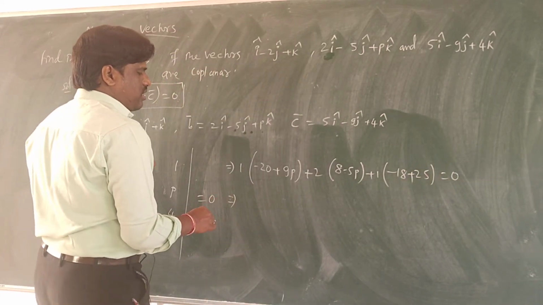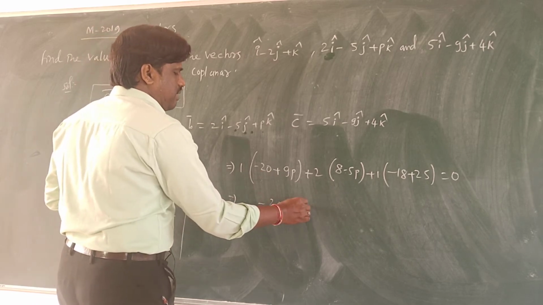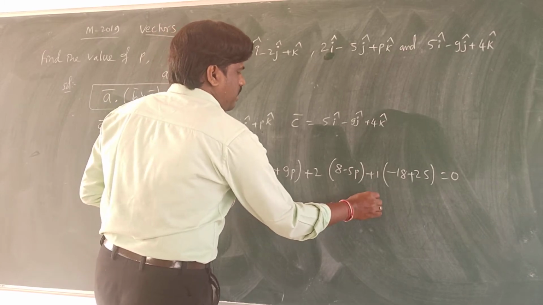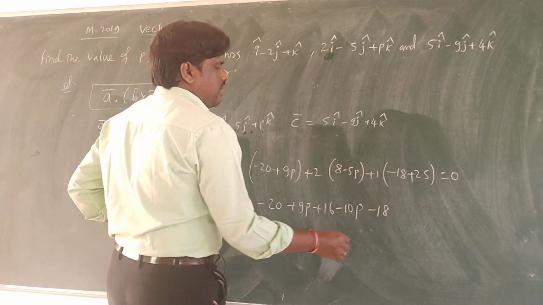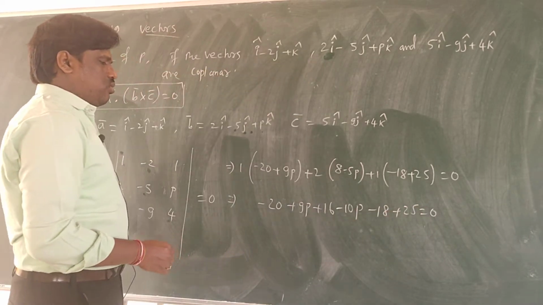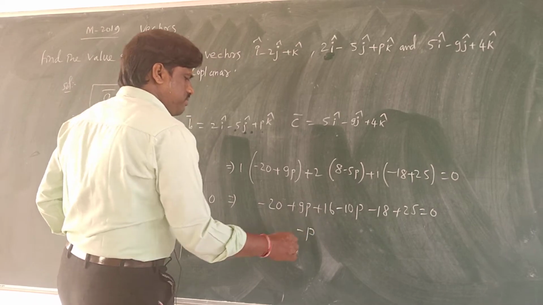So this implies minus 20 plus 9p plus 16 minus 10p minus 18 plus 25 is equal to 0. Here the p terms: 9p minus 10p is minus p.